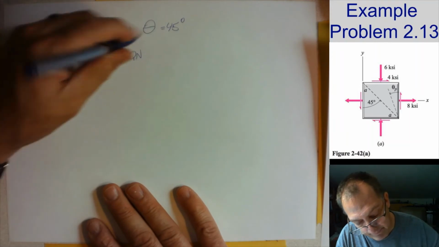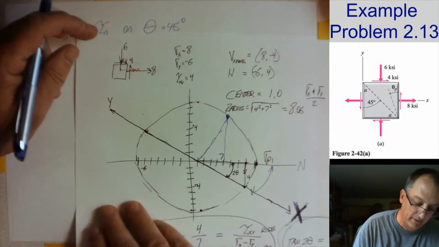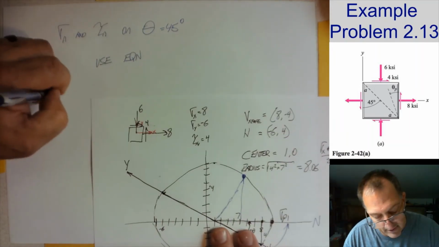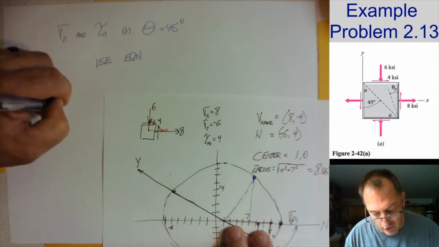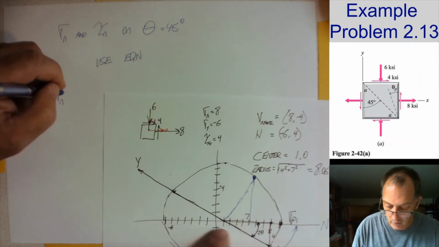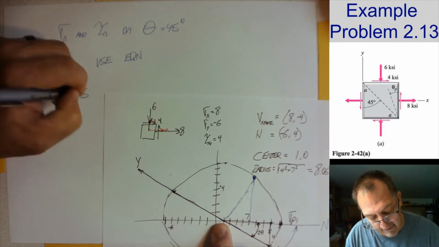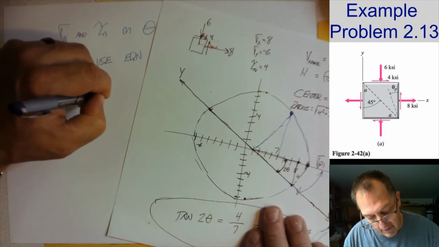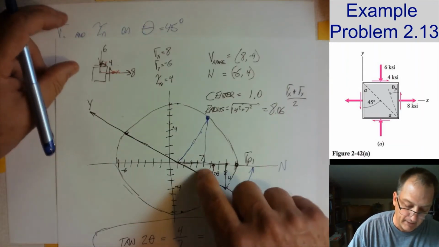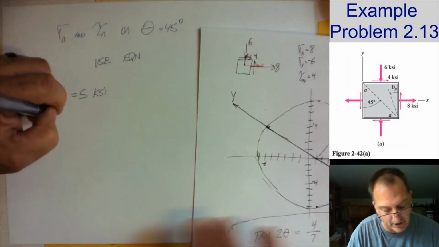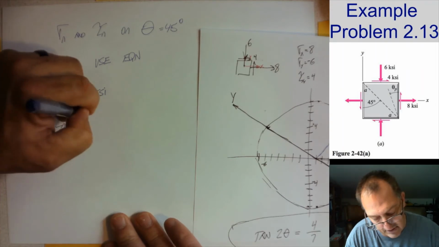That would give me stresses. So sigma n, the normal, would be 4 plus 1. So that would be 5 KSI. And my distance has to be 7 up, so that's my shear. So shear n is equal to 7 KSI.